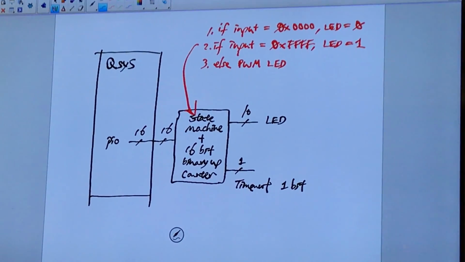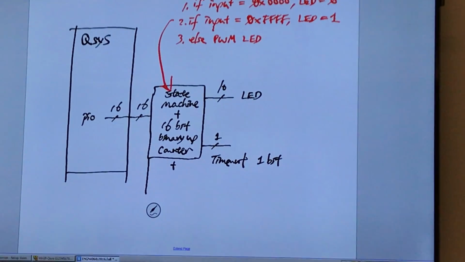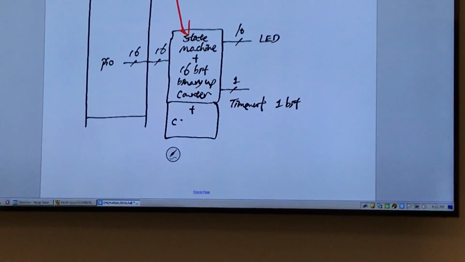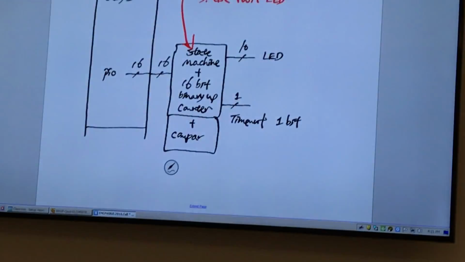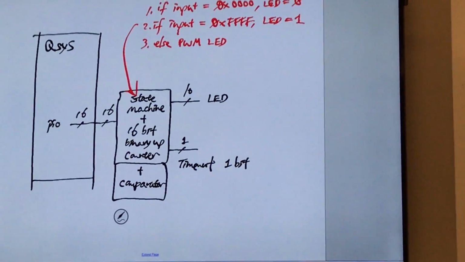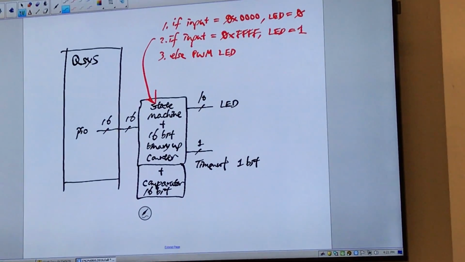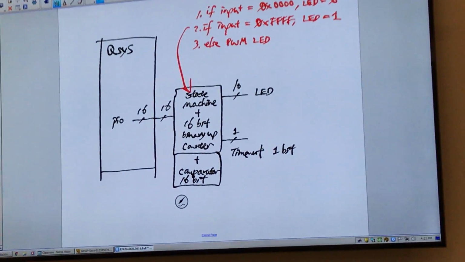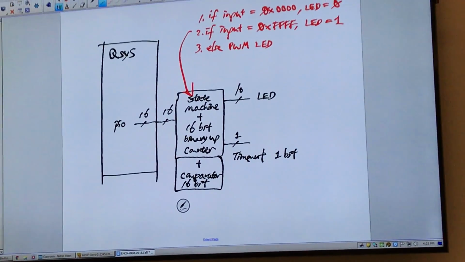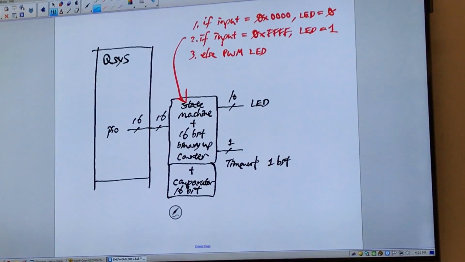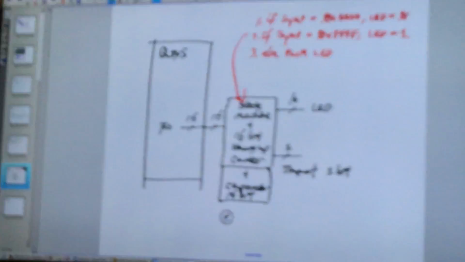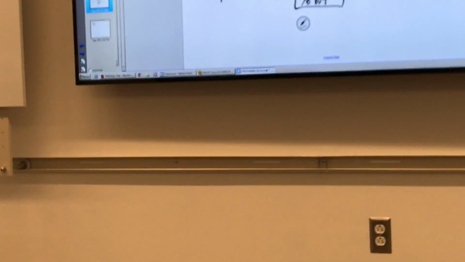This need to have a comparator. 16-bit comparator. Okay. The 16-bit comparator will determine the duty cycle. So when you take the comparator, it does not have 10 outputs. The comparator has only 1 output.